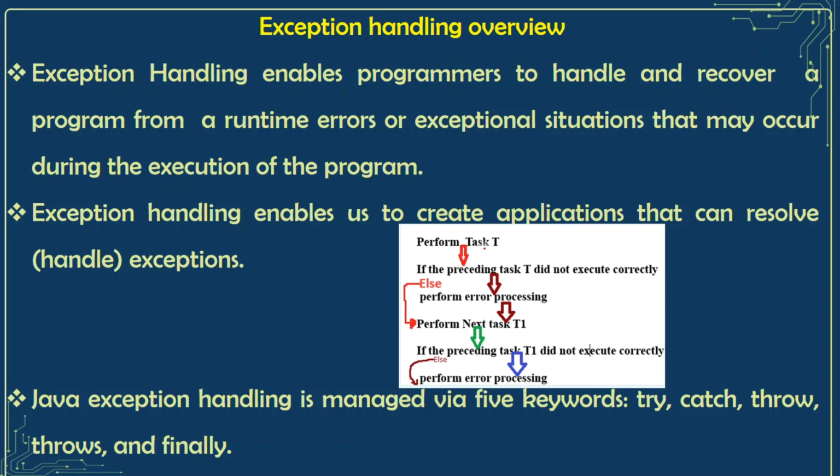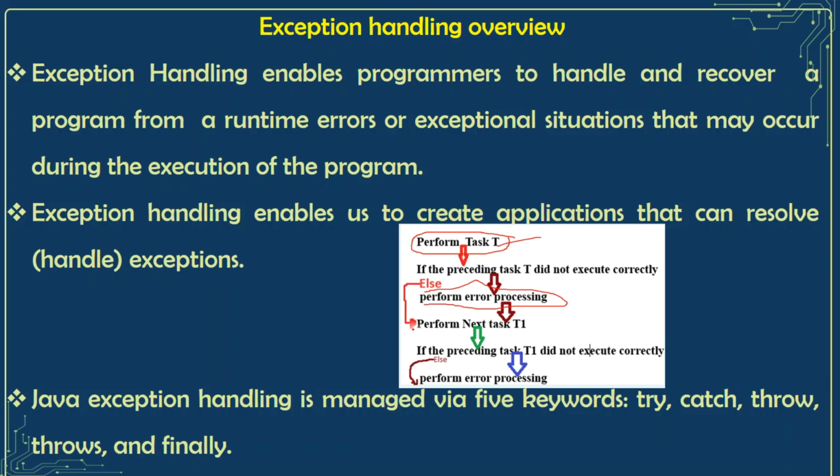So right here we have task T. If this task T did not execute correctly, which means if task T throws an exception, perform error processing will be executed. Or else, which means if there is no exception thrown in this task T, the next task will be implemented, which means this error processing will be bypassed.